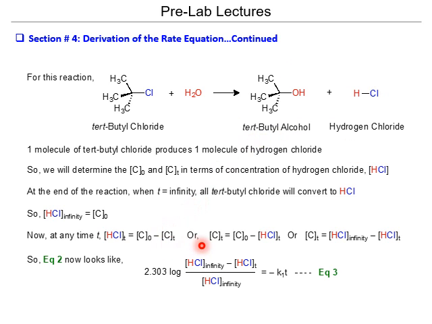So we can change the equation like this: Ct equals C0 minus HCl, or Ct equals HCl infinity minus HCl, because HCl infinity equals the initial concentration of tertiary butyl chloride. So equation 2 will be like this: 2.303 log of HCl infinity minus HCl over HCl infinity equals minus K1t.